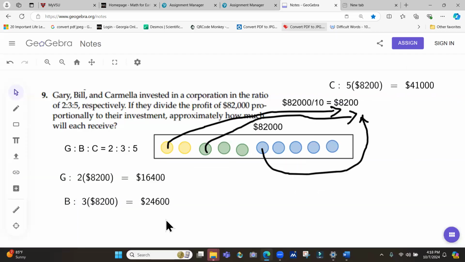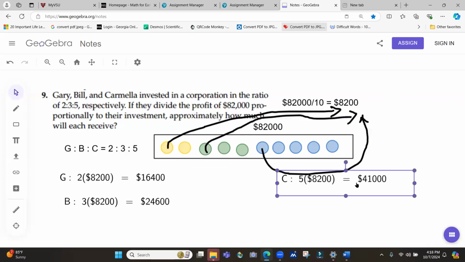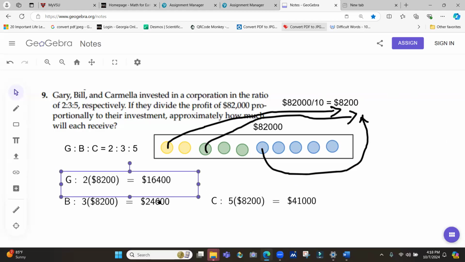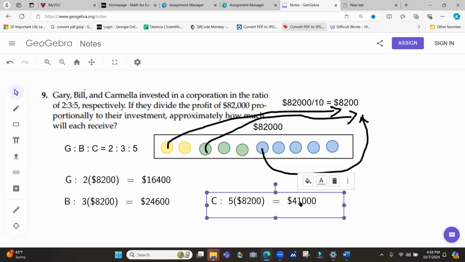Let me double check if I goofed: 24, 30, 40. No, that's right. I didn't goof. So Carmela gets 41,000. Bill gets 24,600. Gary gets 16,400.